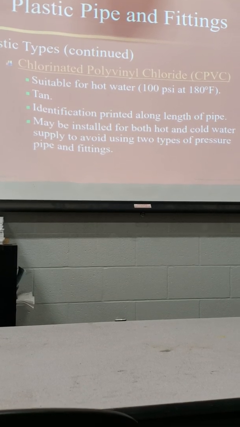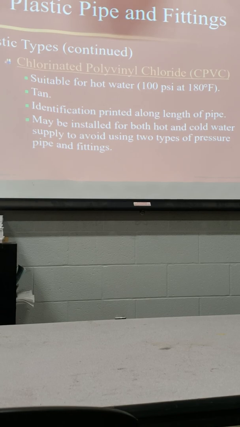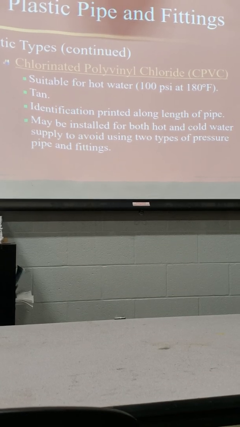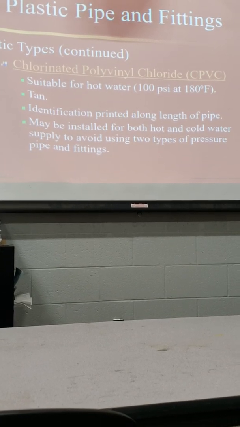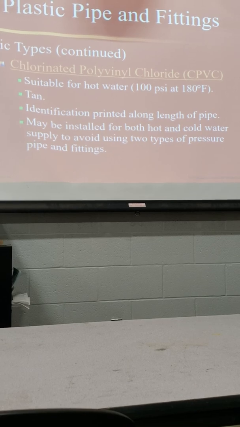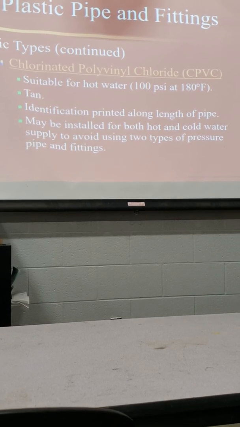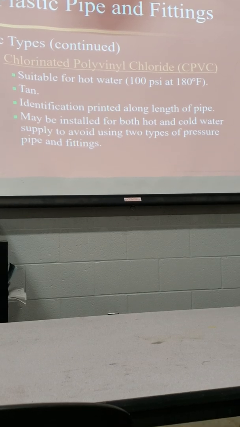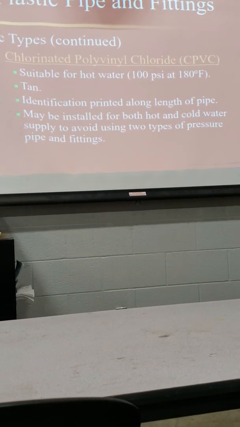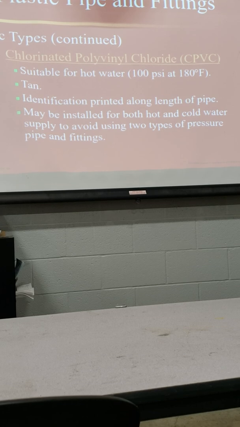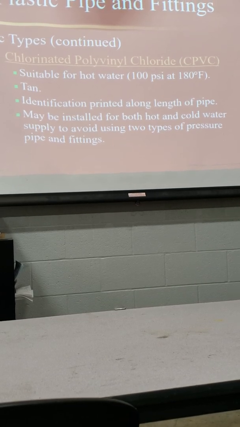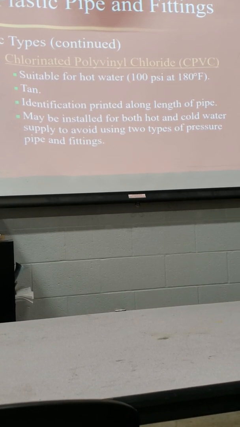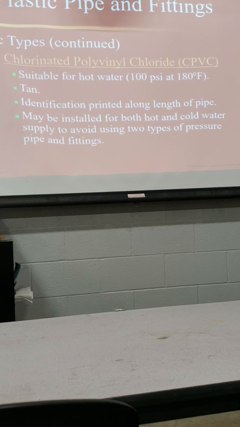Identification print along the length of the pipe may be installed for both hot and cold water supply to avoid using two different types of pressure pipe and fittings. So we could run PVC for all of our cold inside the house, but we're gonna have one size fittings for that, and transitions would be a nightmare because they're not really made for that.